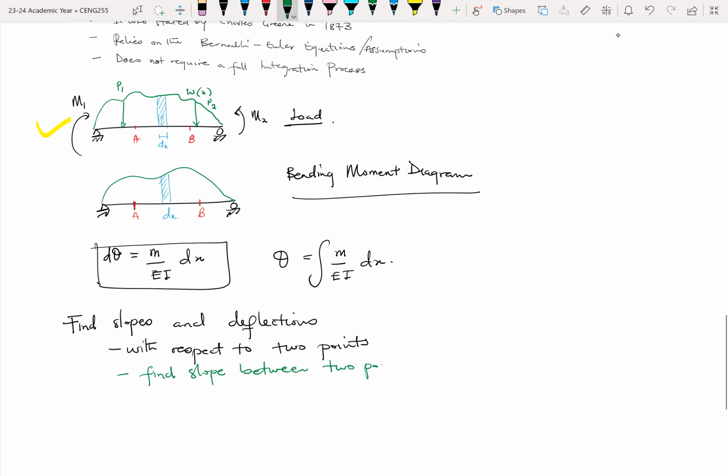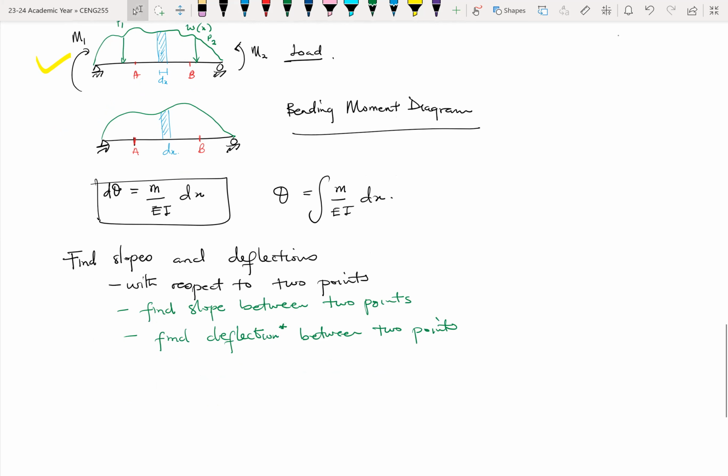So in this case, let's say between point A and B. And also we find the deflection. But for this deflection, let me put in asterisks, it is the deflection between, again, two points.